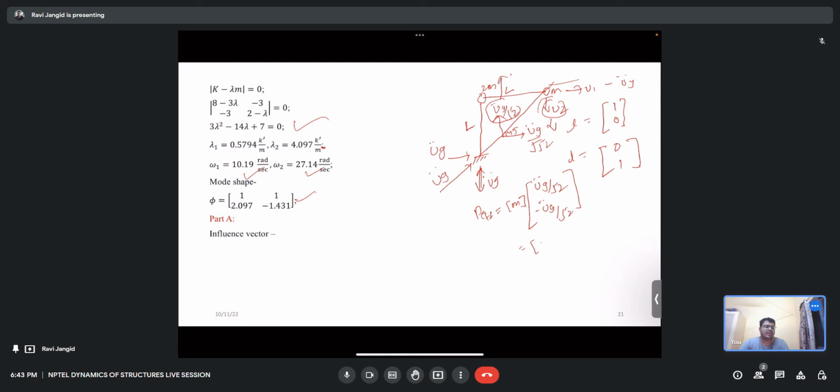If I write it as m times ug double dot taken outside, and take the influence vector, that is 1 by root 2, minus 1 by root 2. So this is called L. So that will come as m ug double dot L. Okay, so this L influence vector for this particular case is 1 by root 2, minus 1 by root 2.